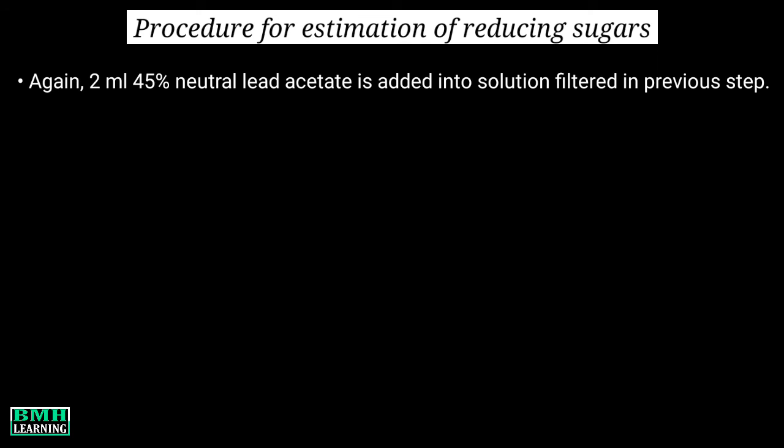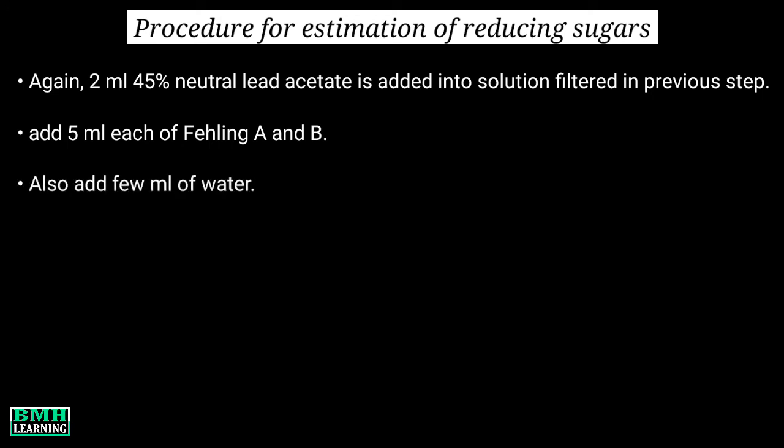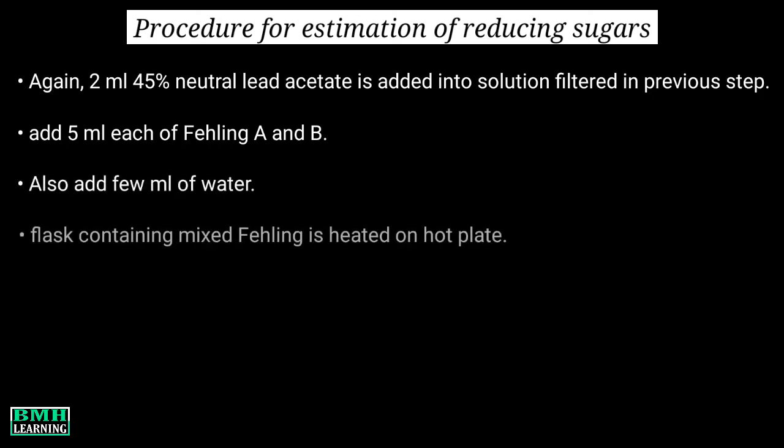Again 2 ml 45% neutral lead acetate solution is added into solution filtered in previous step. Then into the same 250 ml flask add 5 ml each of Fehling's A and B. Also add few ml of water. Flask containing mixed Fehling's solution is heated on hot plate.